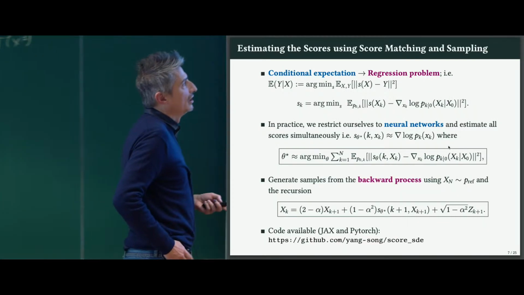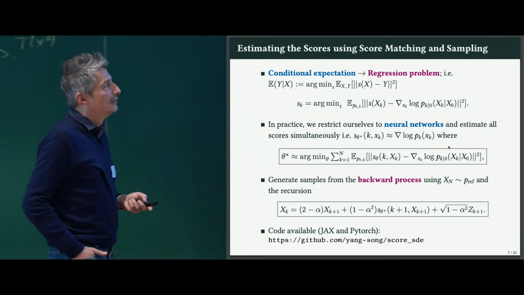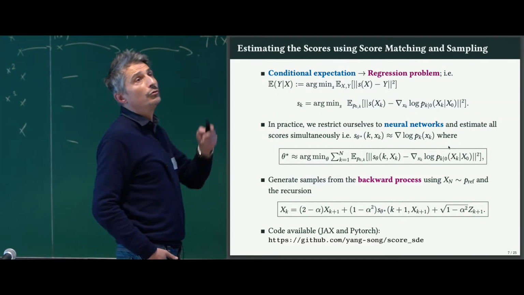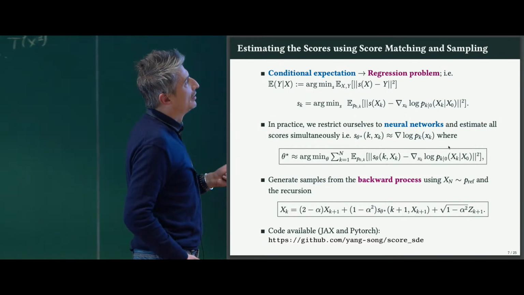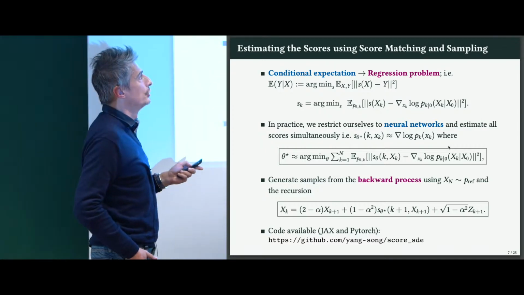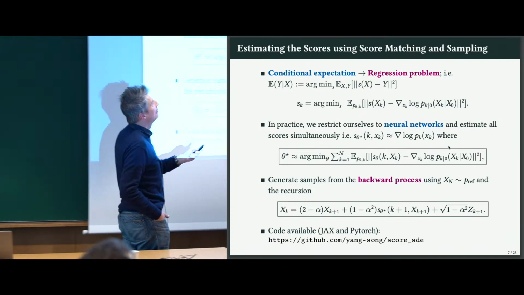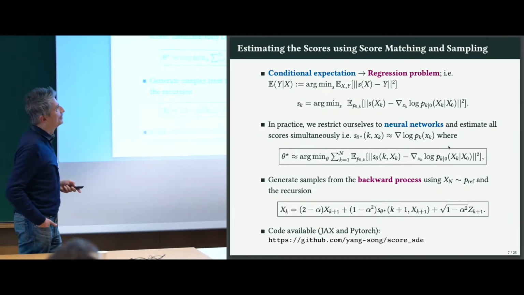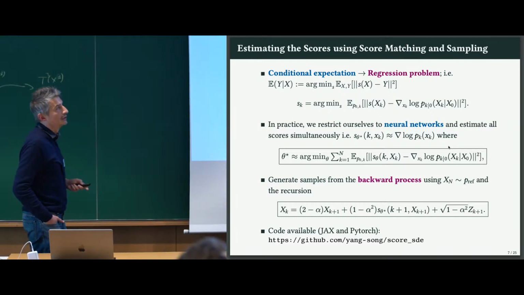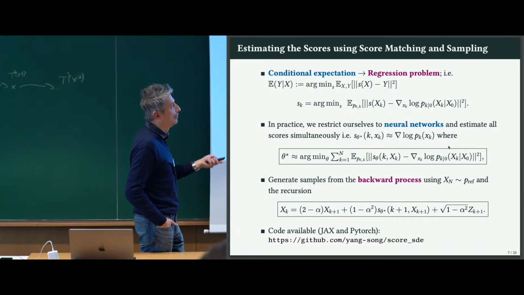If I had access to all measurable functions and I was minimizing, with respect to this class of functions, the square norm between S and the gradient of the log transition, then by definition I will obtain the conditional expectation of interest, that is the true score.